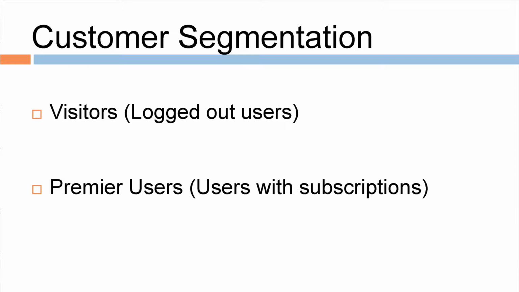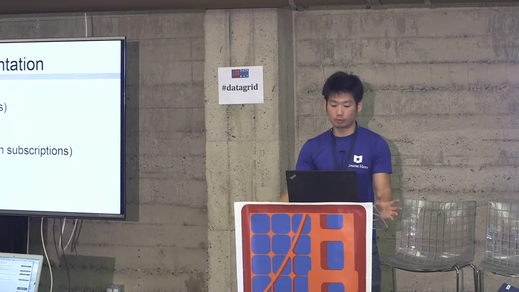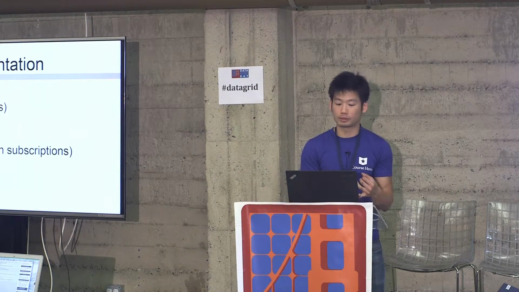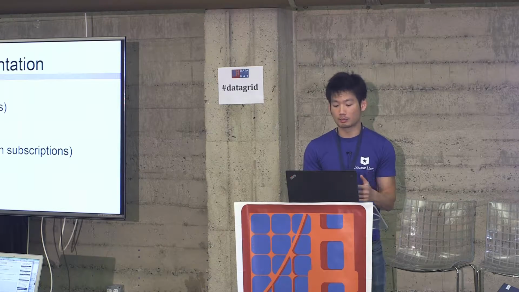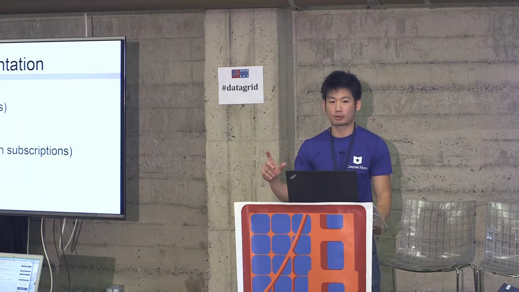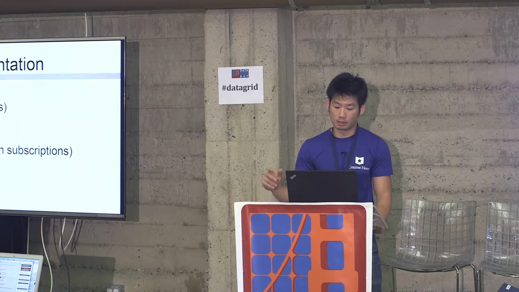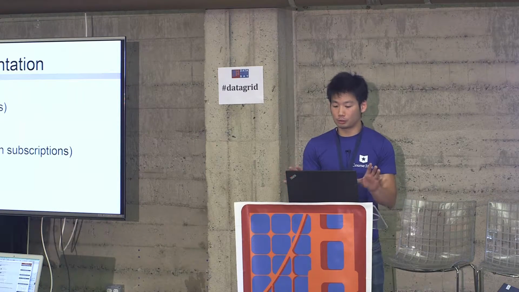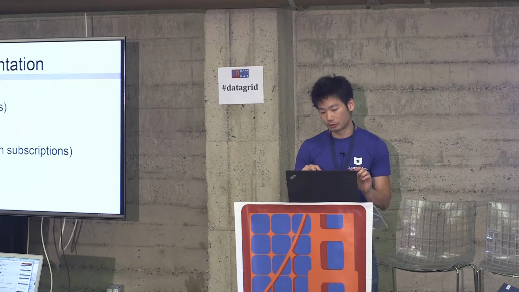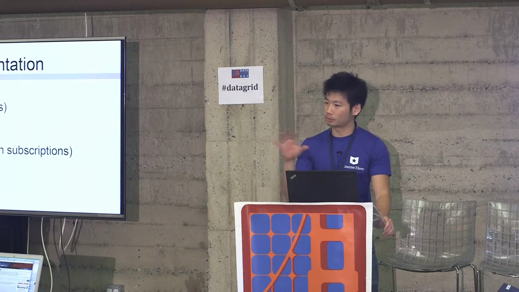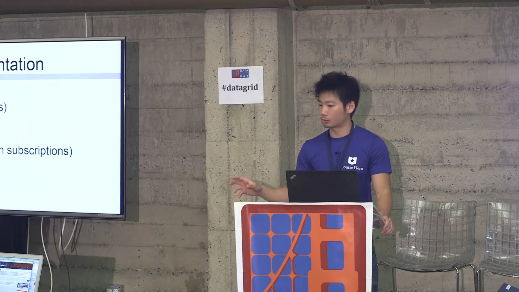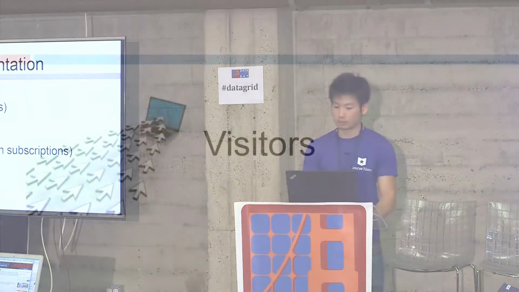So now, one thing we need to look at separately is the different types of users. There are two main types of users we'll focus on here: the visitors, which are the new users, and the premier users, which are the users that have already bought a subscription. These two types of users have slightly different flows from searching to actual content consumption, so we'll look at them a little bit separately.